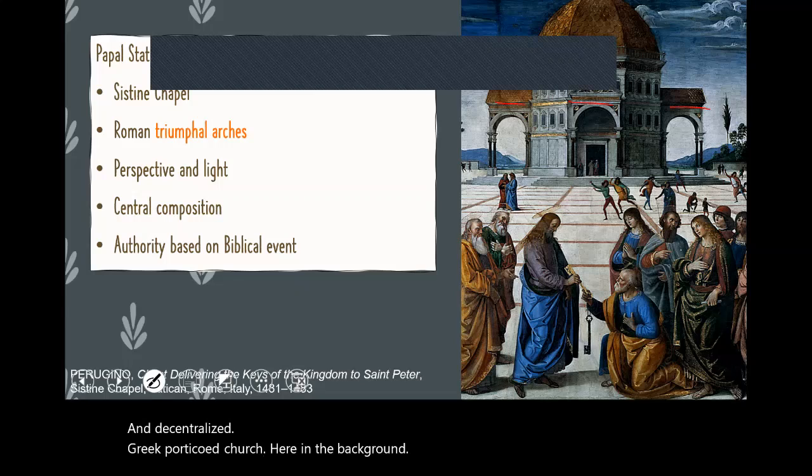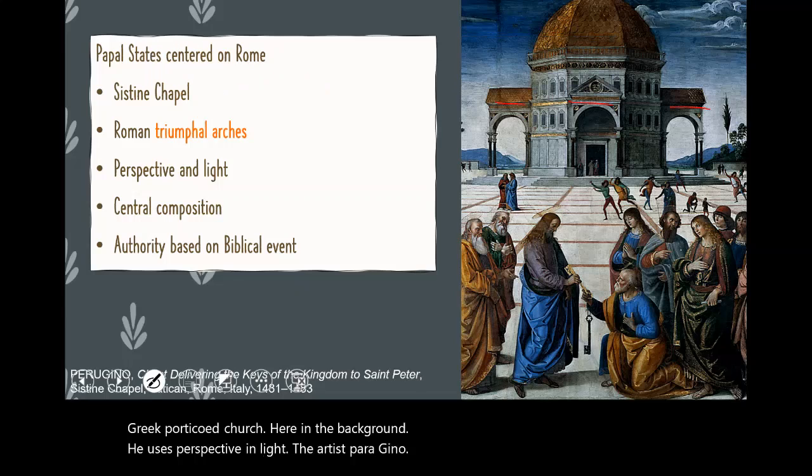He uses perspective and light, the artist Perugino, a central composition, to basically create biblical propaganda. So this is one part theological, one part political.